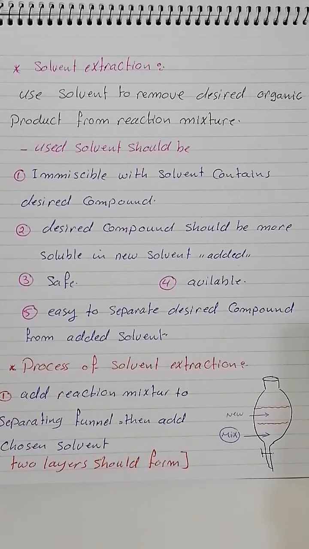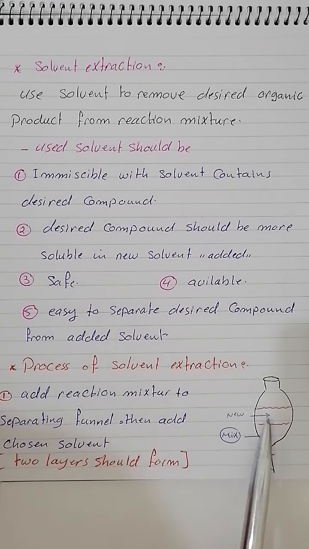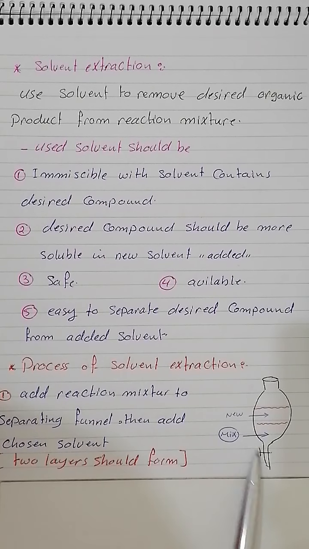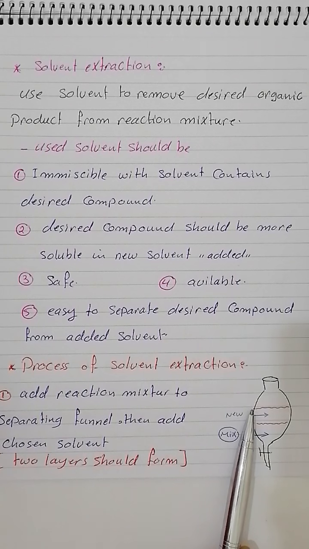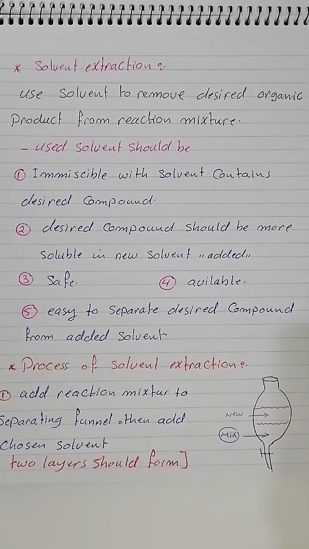So add the reaction mixture, when the reaction finishes, to the separating funnel. Then add the chosen solvent which should be immiscible, so two layers should form. One contains the organic reaction product and the other layer contains my solvent.